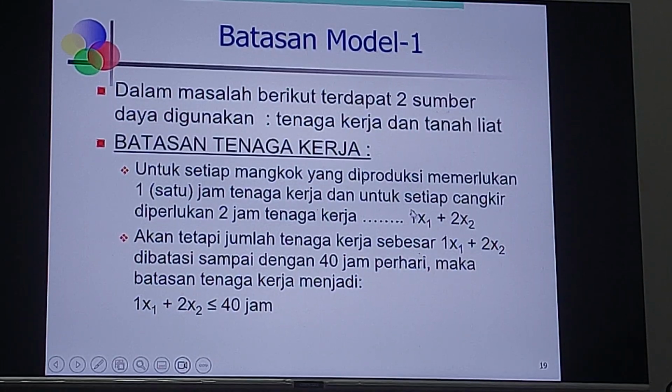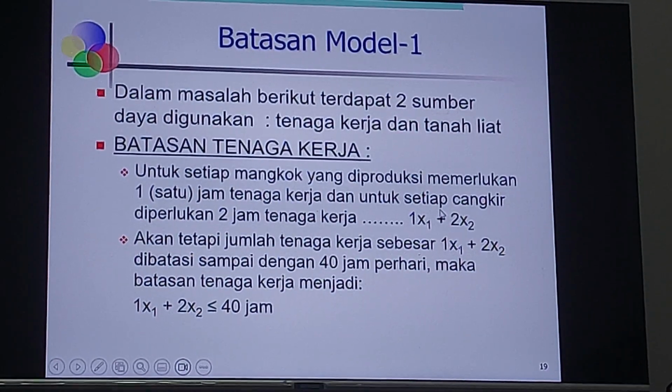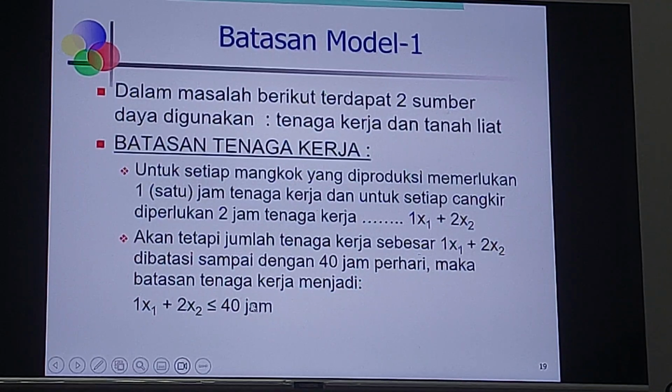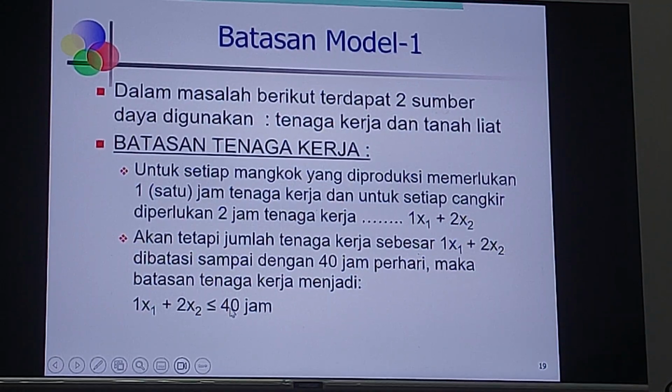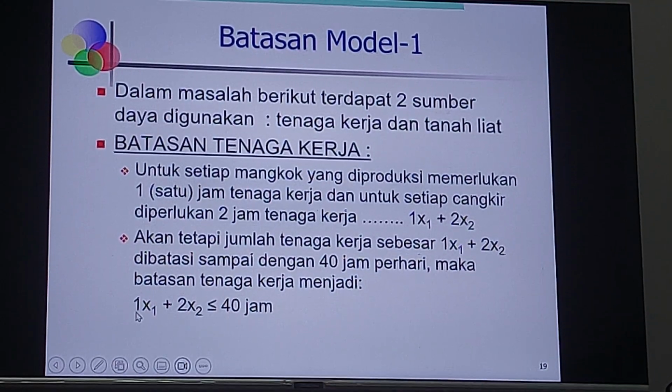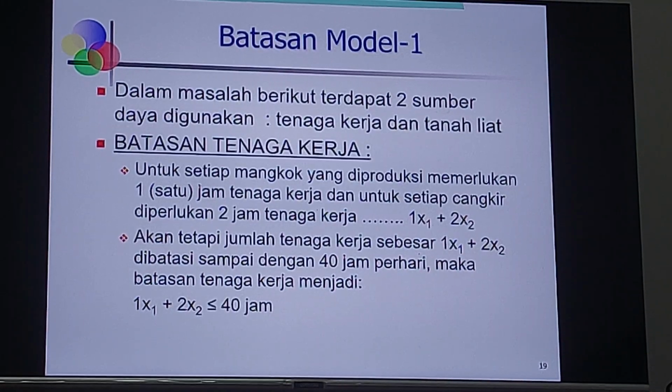And what's the limitation? 40 hours. Whatever you make in total, x1 and x2, cannot be more than 40 hours. So this is the model of the constraint related to the worker. In this case, it is worker hours. Any question?